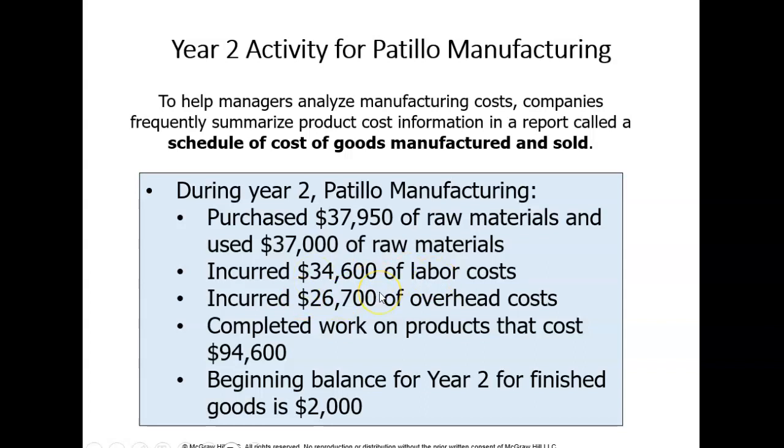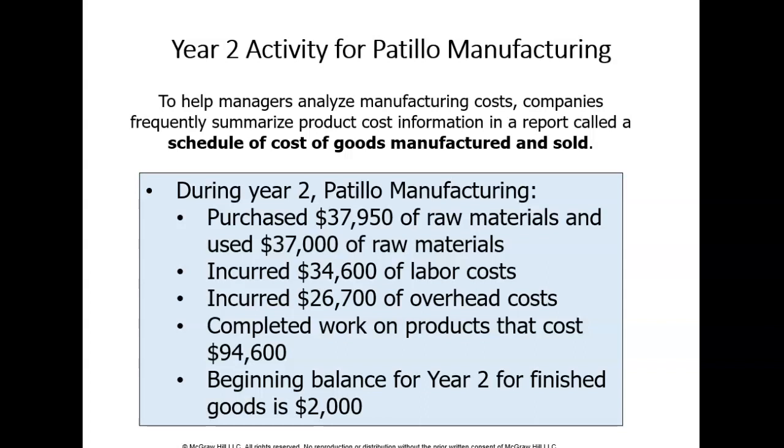$26,700 of overhead costs. Completed work on a product that cost $94,600. Again, $94,600. And we'll talk about how we came to that dollar amount. The beginning balance for the year for finished goods is $2,000. Okay?